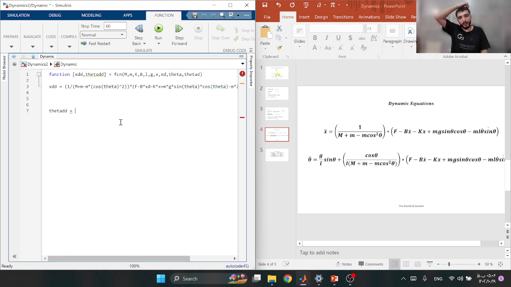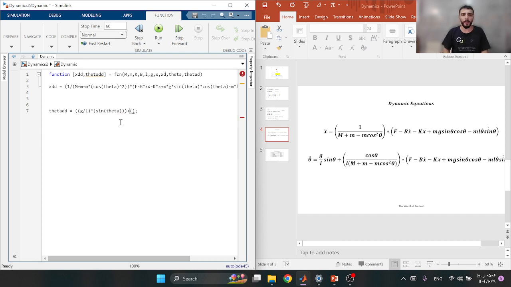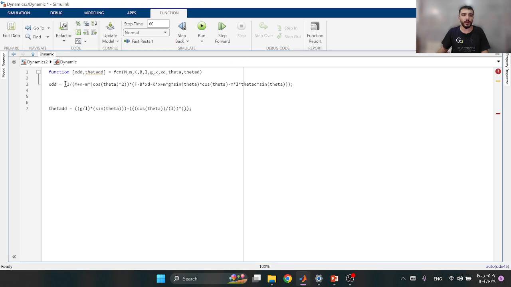For theta double dot we have two terms that are summed to each other: g divided by L times sine of theta, and something that is multiplied by cosine of theta divided by L times this term, x double dot here.